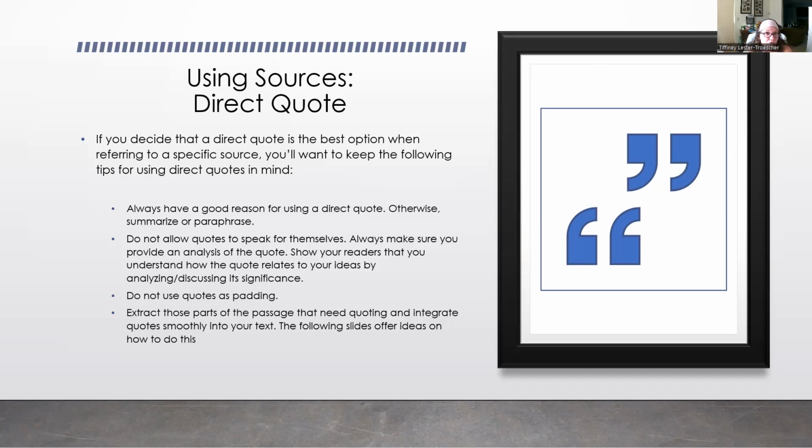There's a way to do that too, without bogging the paragraph down with three full sentences of direct quotes, because more than likely, you don't need every single verb of all three sentences. There's a way to extract the parts of the passage that need to be quoted and integrate those into the text.